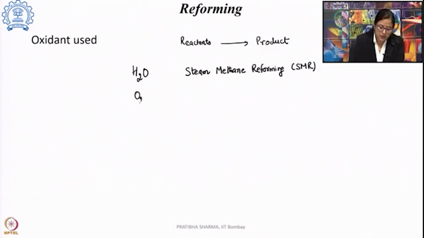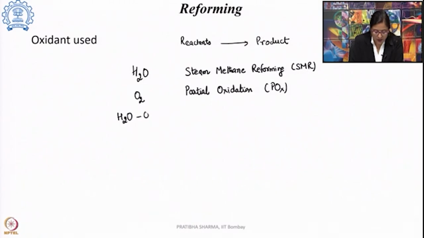Oxygen can be used as an oxidant. If oxygen is used as an oxidant, the process is known as partial oxidation. Or both steam as well as oxygen, this combination can be used as an oxidant for the reforming to take place.